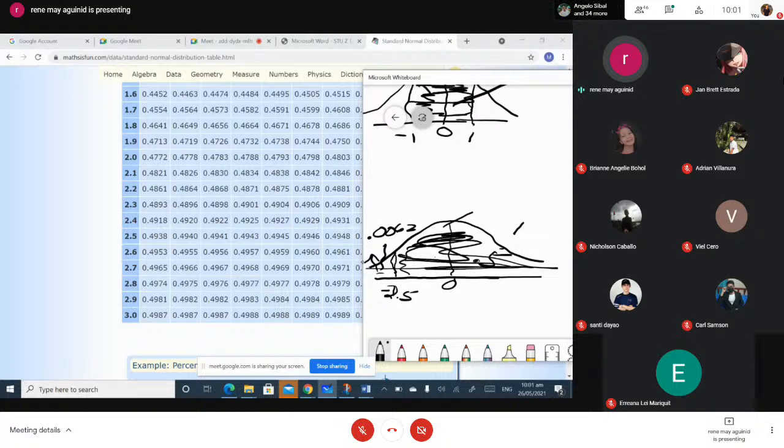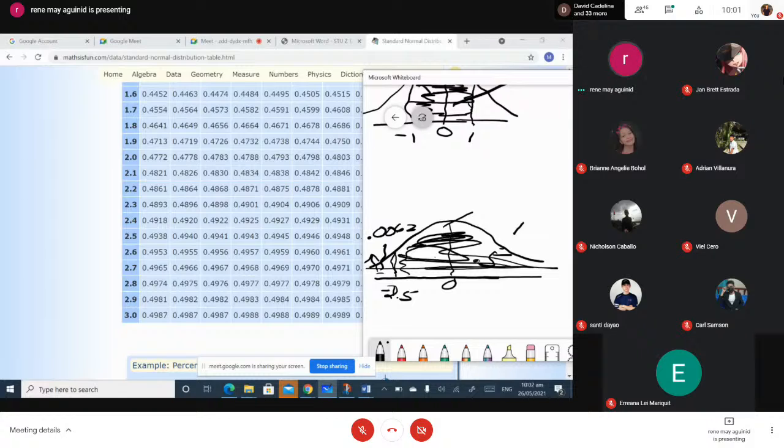I-add to sila together. So, makuha gihapon nimo ang 2.5 to positive infinity. Pareho naman na siya. 0.4938 plus 0.5, you have 0.9938. Which is also equal here. Kung i-minus nimo ang 0.0062, 0.9938.